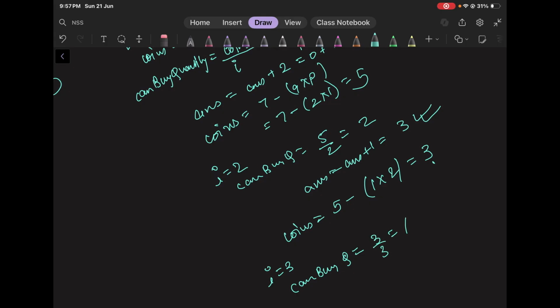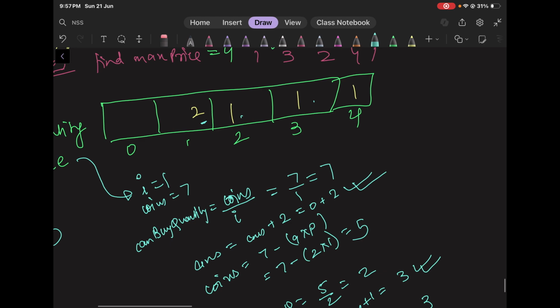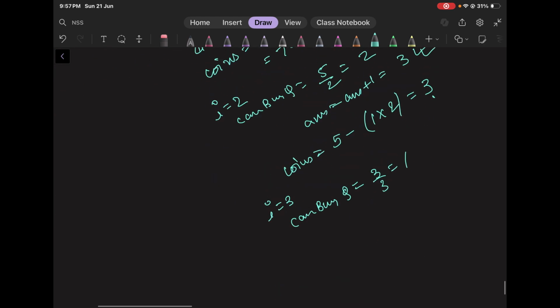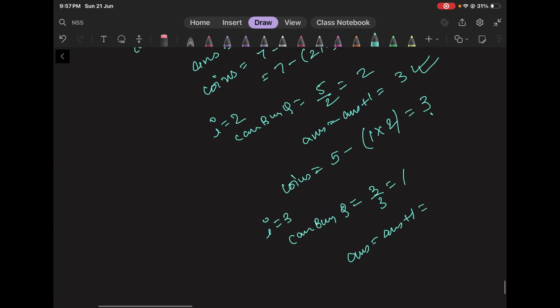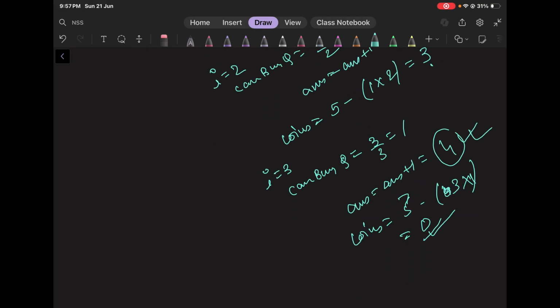He can buy a maximum of 1 and 1 is available. So he buys it, and my answer is answer plus 1, which turns out to be 4. The coins left is 3 minus the price 3 times quantity 1, so this is 0. Now my coins is 0, so I break and my answer will be 4.